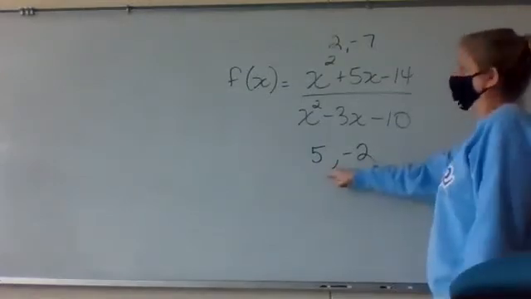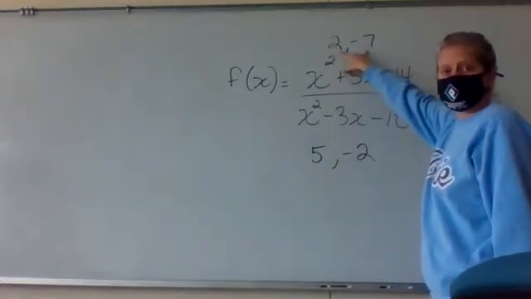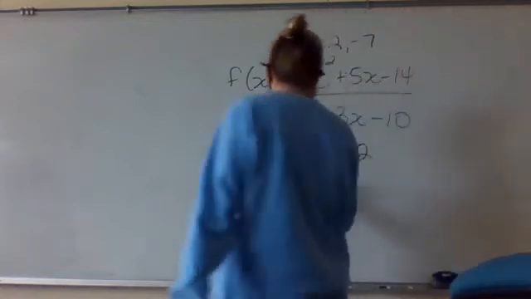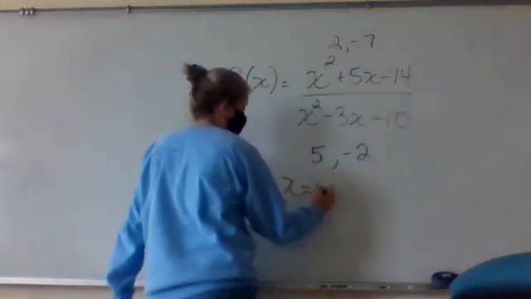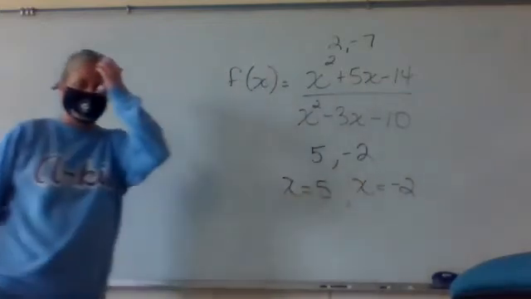Which are neither one of these, right? So since they aren't the same as either one of those, there are two true vertical asymptotes. So there's vertical asymptotes at x equals 5 and x equals -2.